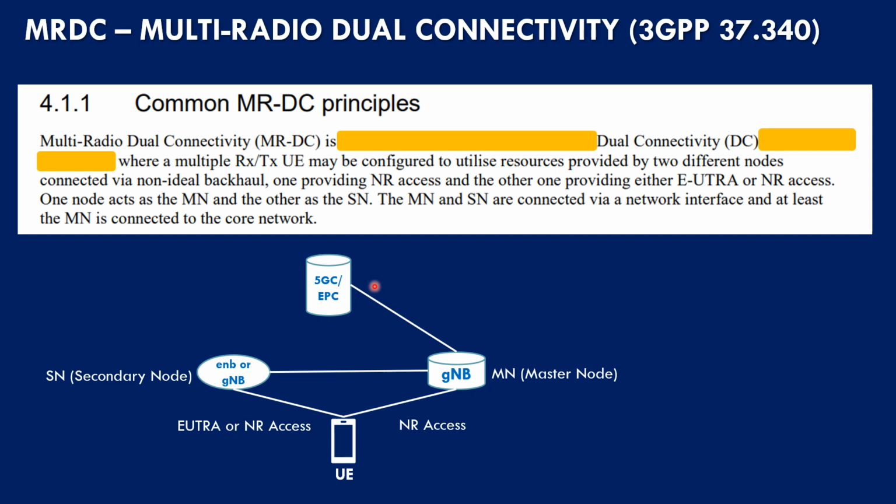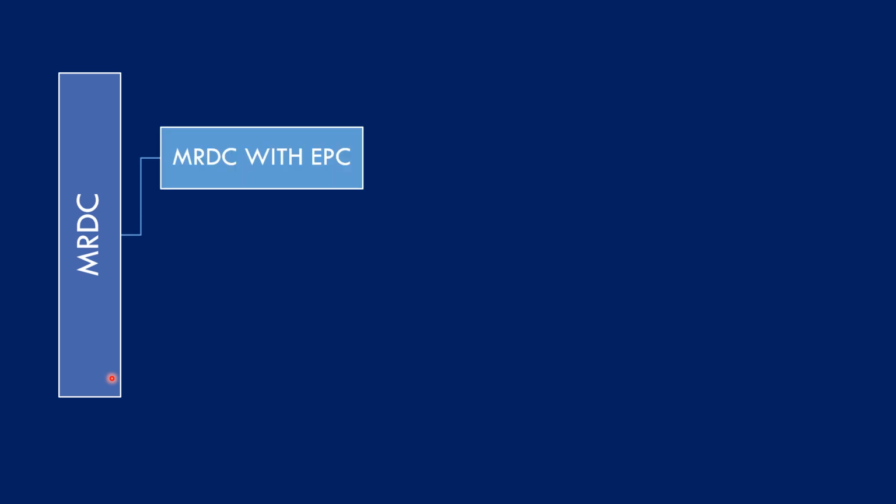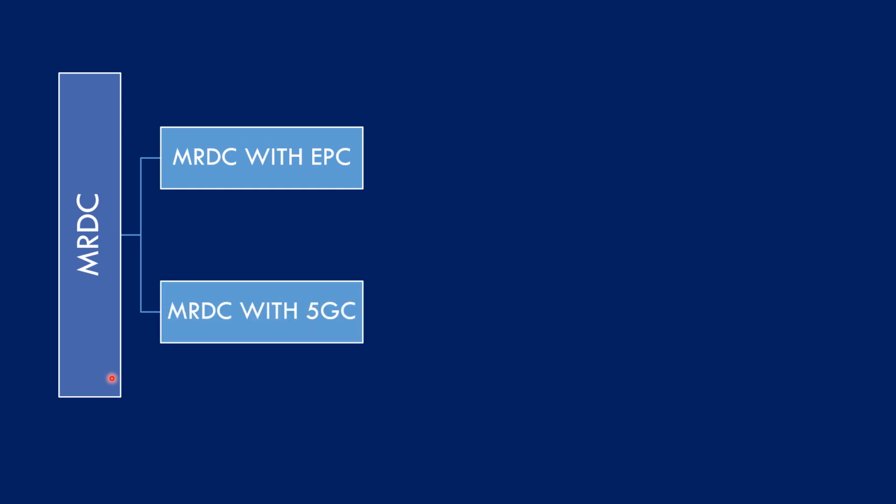We'll be discussing that in subsequent slides. Now let us see one by one each type of MRDC. So MRDC, when EPC is connected, is MRDC with EPC. Second is MRDC with 5GC when the core is 5G core.